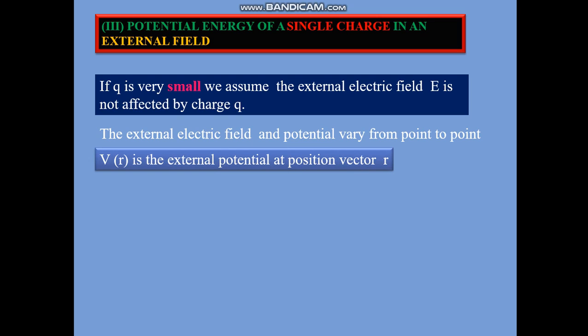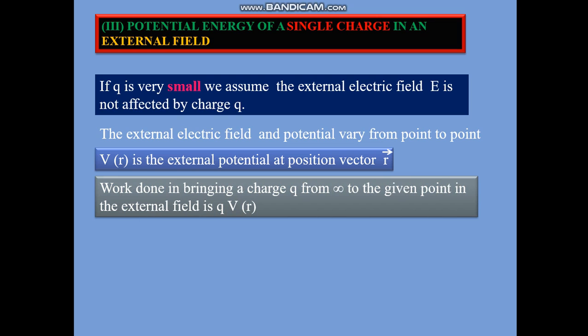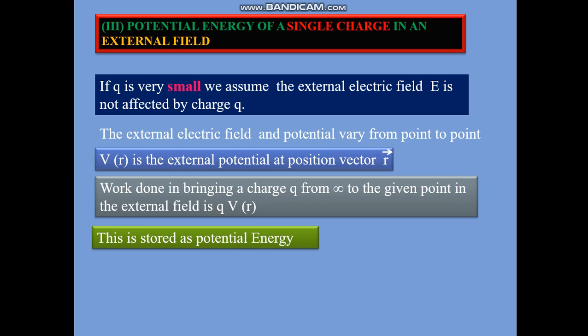So V(r) is the external potential at position vector r. Work done in bringing a charge q from infinity to the given point in the external field is qV(r). This is stored as potential energy. So potential energy is charge q into the potential V(r).